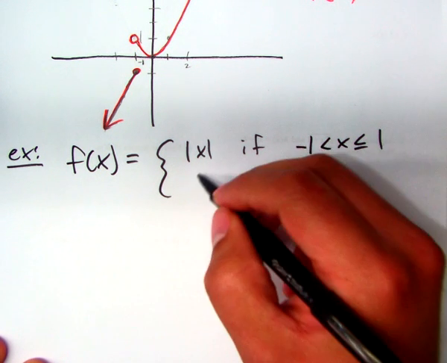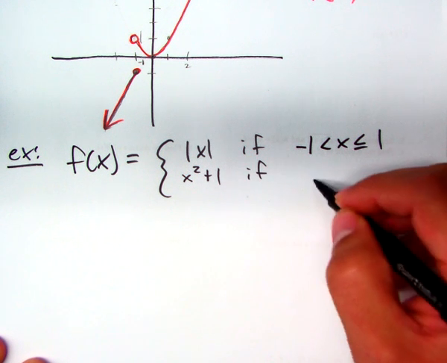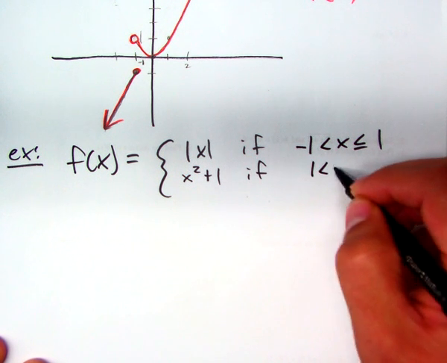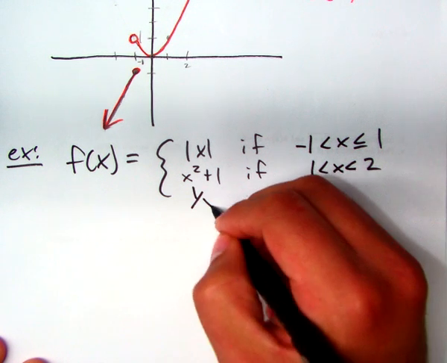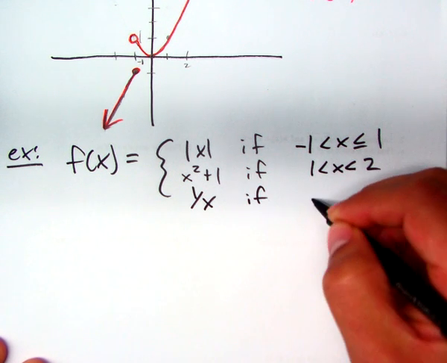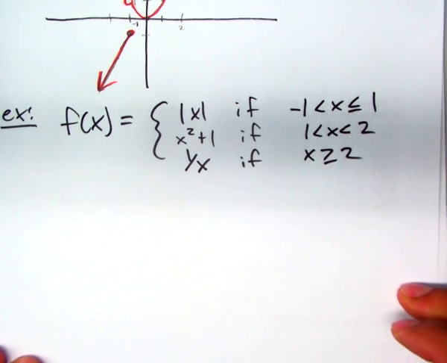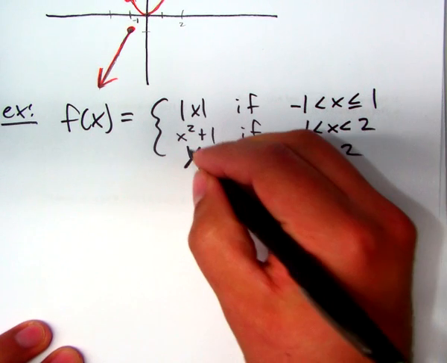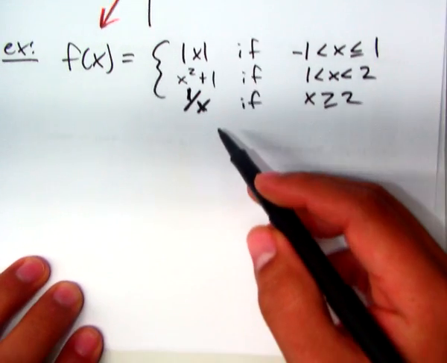Let's say it's x squared plus 1 if x is between 1 and 2. And let's say it's 1 over x if x is greater than or equal to 2. So here we have three pieces. Okay?